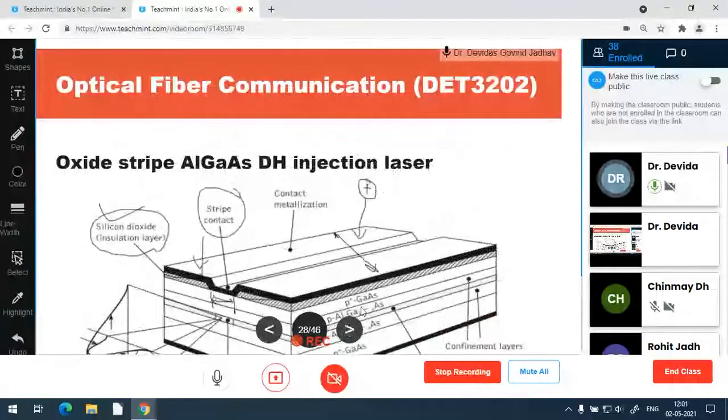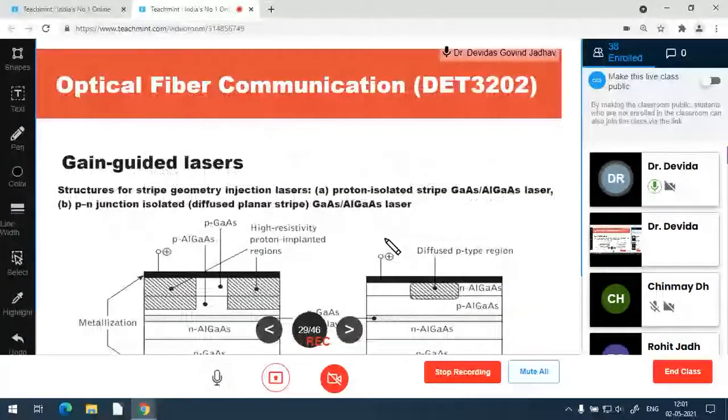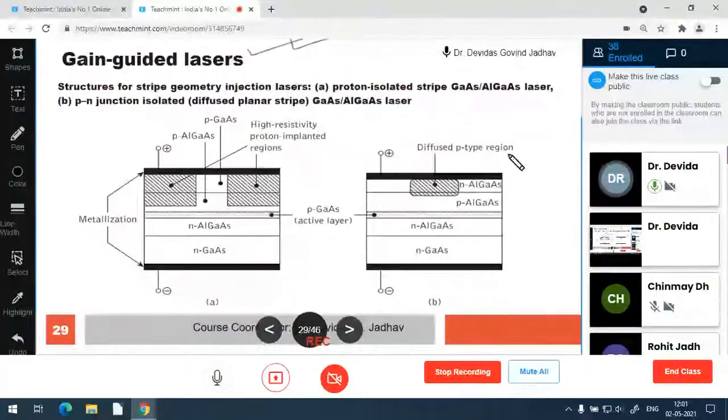So this we have also discussed. Now we'll discuss the gain guided laser. So what is there in the gain guided laser?